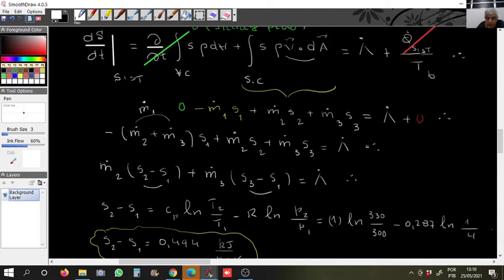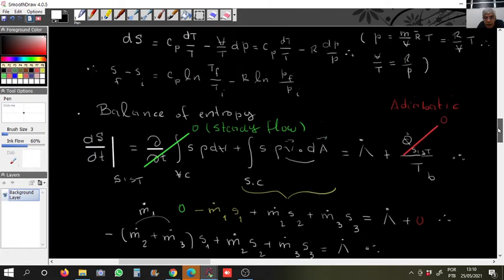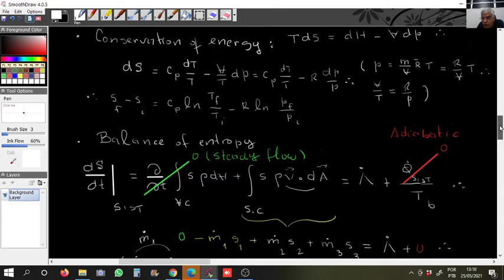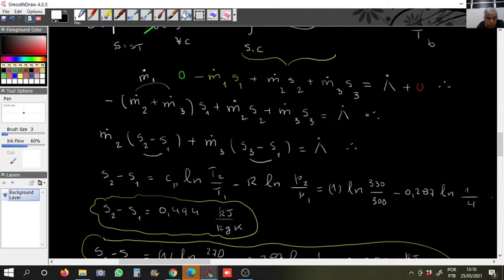So I have this equation, and then I need to integrate it and substitute: S2 minus S1 is Cp natural log of T2 divided by T1, minus R natural log of P2 over P1.